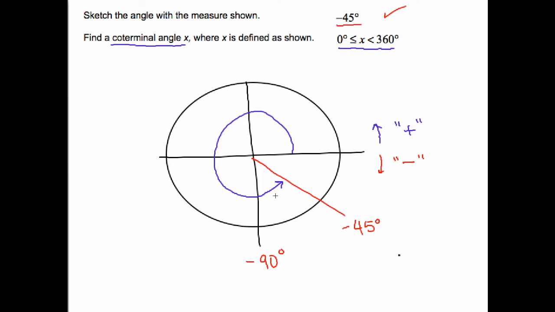So what angle have we actually swept out? Well, had I rotated a full revolution, it would have been 360 degrees. So the measure of that angle would be 360 degrees minus 45 degrees. And what would that be? 315 degrees. That's the measure of the coterminal angle x.